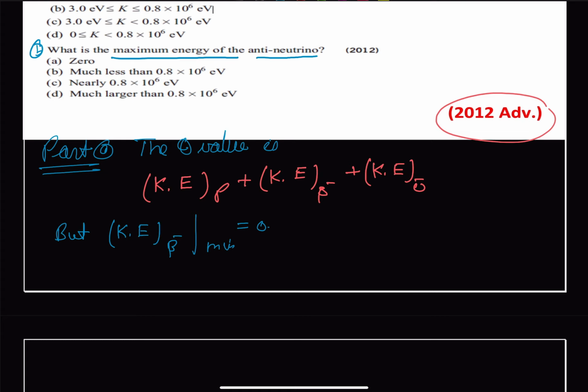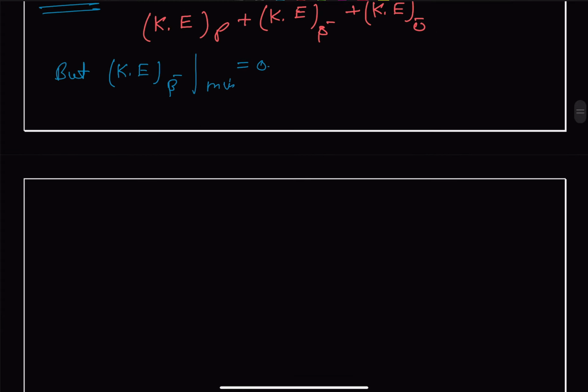Therefore, we can write the range: the value of the kinetic energy of the beta negative will be greater than 0 and less than Q minus the kinetic energy of the beta negative plus the kinetic energy of the antineutrino.